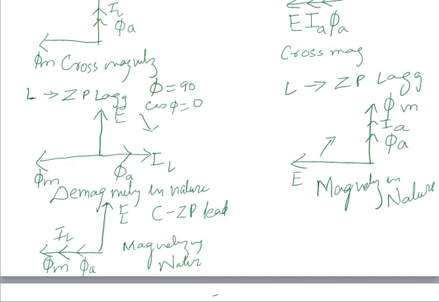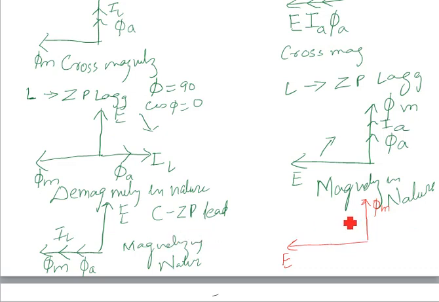What happens with the motor? In the motor case, E is there first, and then after 90 degrees there is phi m, right? And what happens with the capacitive load?